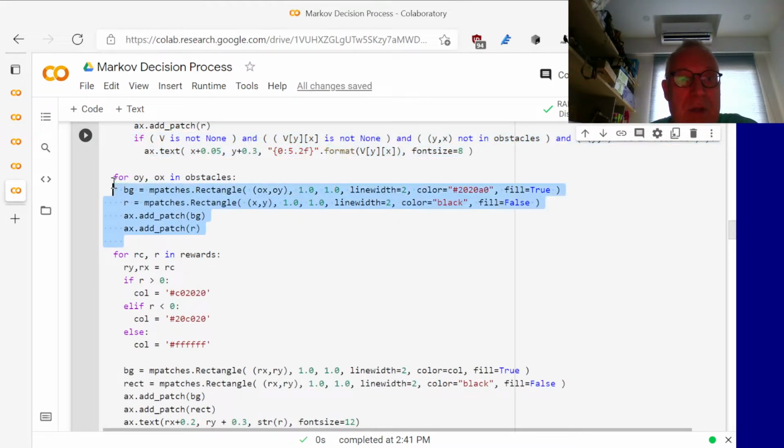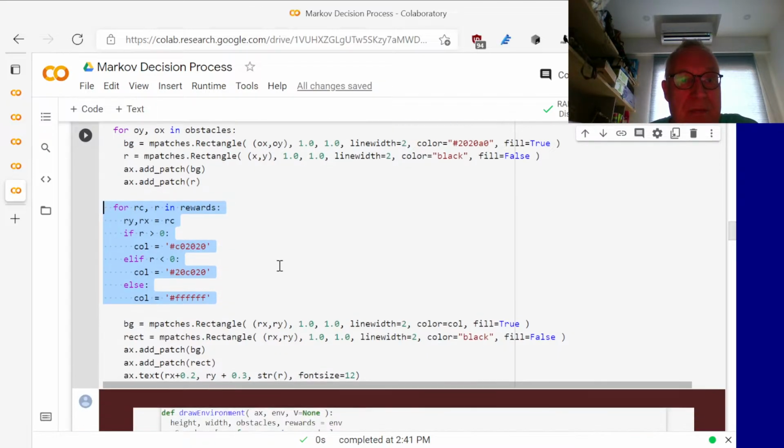And then here we plot the obstacles. And then for the coordinates of the rewards, if the reward is greater than 0, then it's red color. If it's less than 0, then we have a green color.